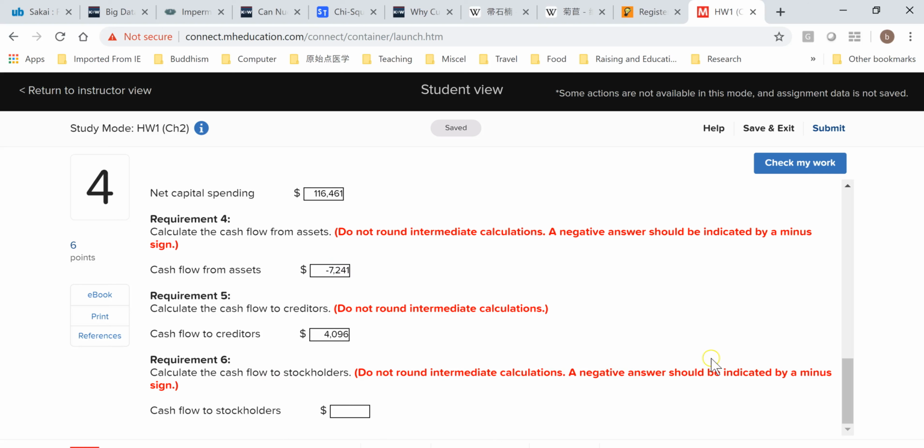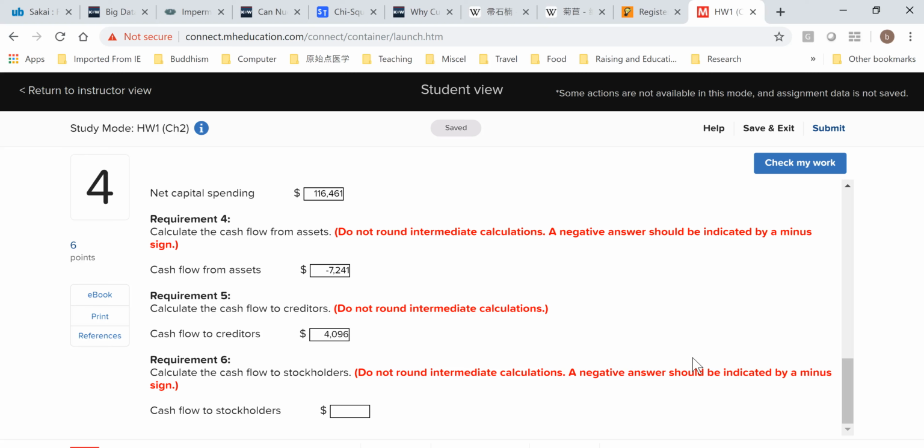To calculate the cash flow to stockholders, we also need to understand what types of cash flows stockholders can receive from the firm. The creditors receive interest, the stockholders receive dividends.